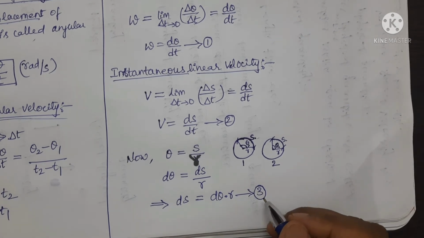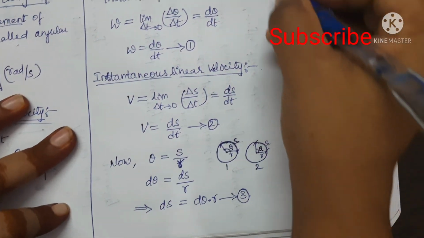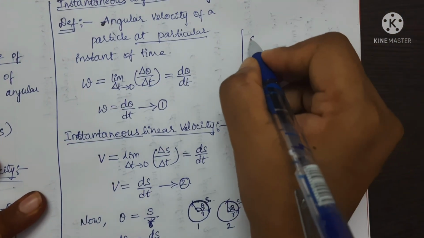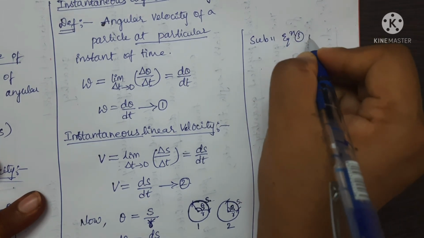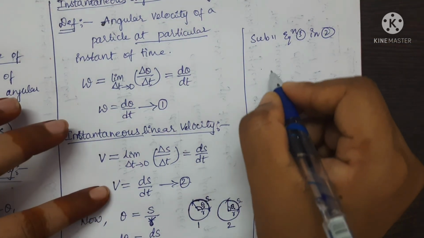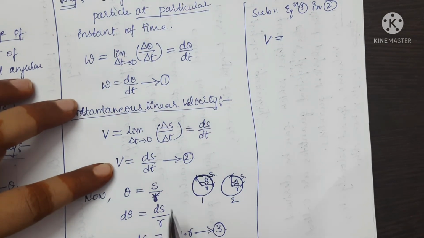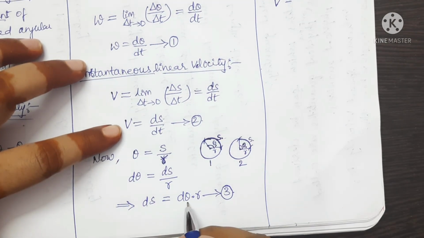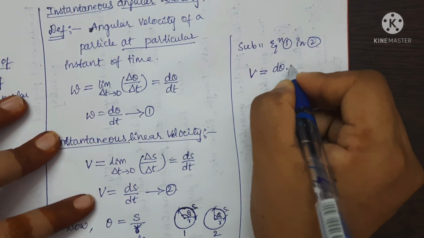Now substitute equation number 3 in 2. We will get v is equal to, in the place of ds, we write what we got here, d theta into r.